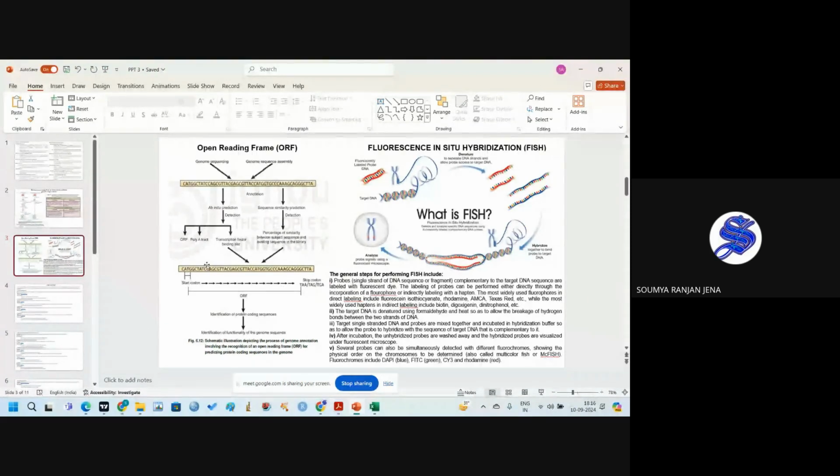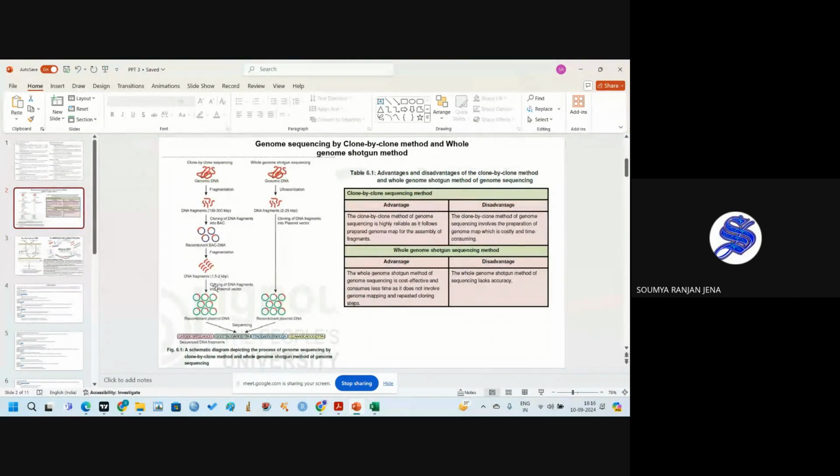How do we find it? If we clone the sequence of the gene, as described here, in a recombinant plasmid vector, then we sequence it. If we find in the reading frame an AUG and then a stop codon, then we know that this is our open reading frame.